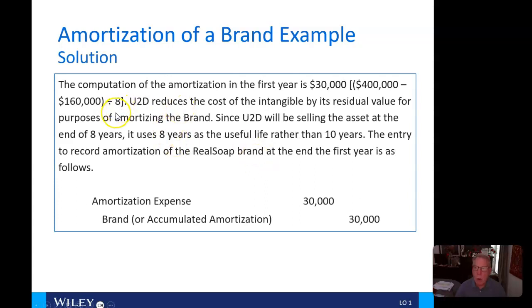And that we're going to divide by the 8 years. So U2D reduces the cost of the intangible by its residual value for purposes of amortizing the brand. Since U2D will be selling the asset at the end of 8 years, it uses 8 years as its useful life rather than 10 years.